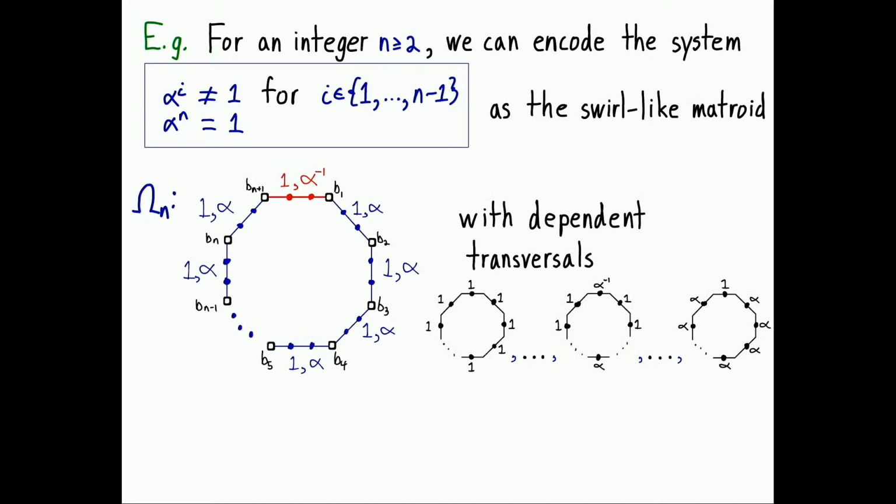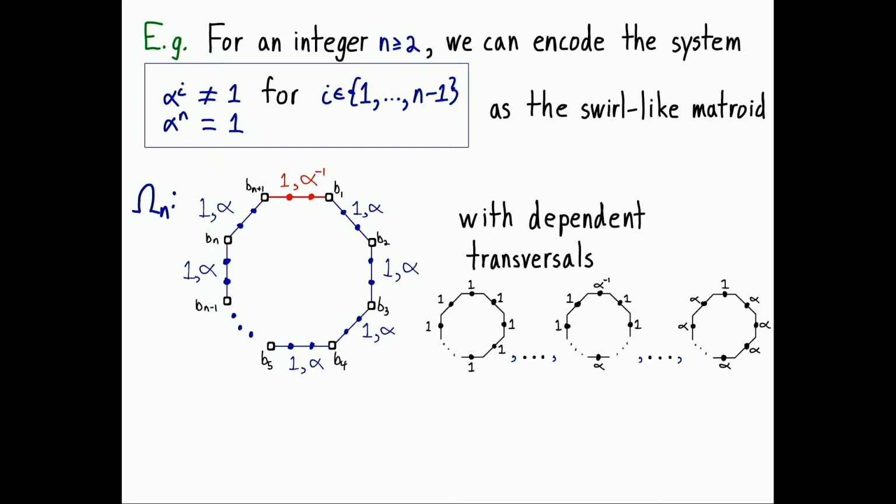So we can encode this rule like matroid omega n, where we have this collection of dependent transversals.